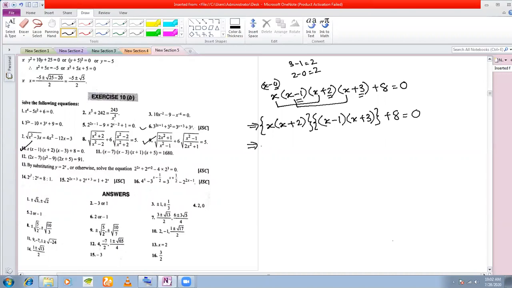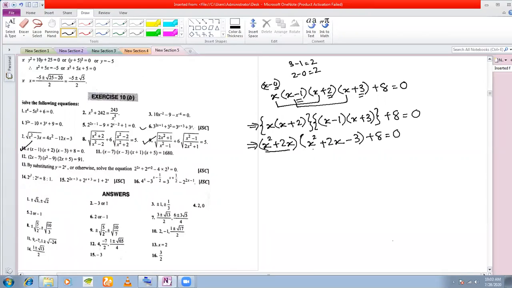Now what happens? I multiply. If I multiply, I'll get x square plus 2x here. And here if I multiply, what am I going to get? x square plus 3x minus x, which means 3x minus x, that means I'll get plus 2x, plus 2x minus 3 plus 8.